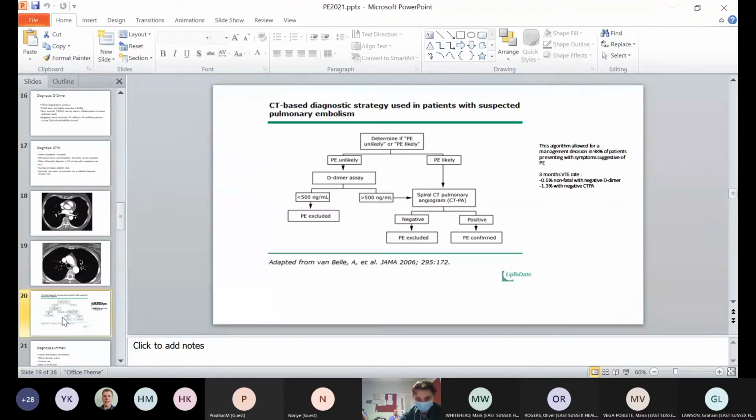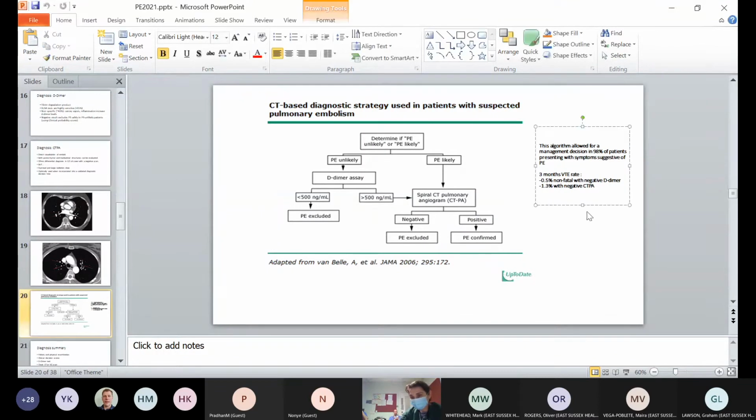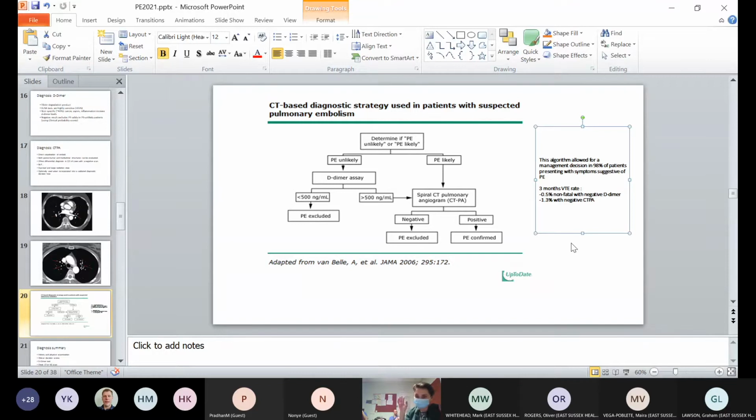Next step, what I put here is about you doing the perfect pathway. So you've done your D-dimer assessment, D-dimer negative, PE excluded. There is always a certain percentage of people who in 3 months' time will have PE. It's a tricky study, where people had scans after 3 months, which show that if PE negative, in 3 months' time 0.5% will have a non-fatal VTE.